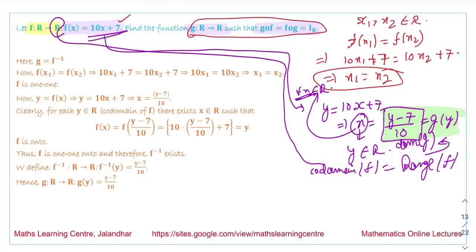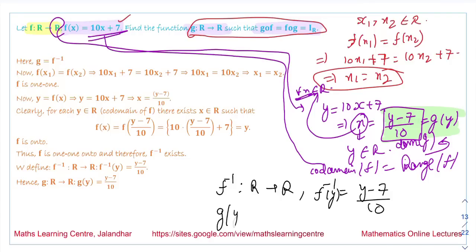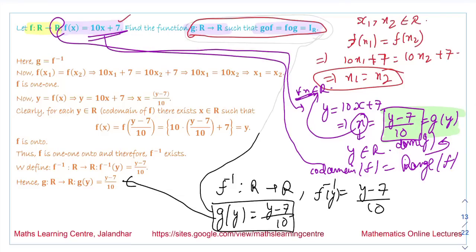So f inverse is equal to (y minus 7) over 10. The domain of this function is R, the codomain is R, and this f inverse of y is basically the function g that we have to calculate, g of y equal to (y minus 7) over 10, for which this definition of inverse will hold.